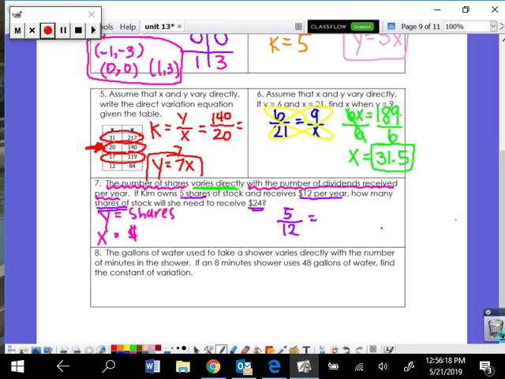And that's going to equal, we don't know how many shares, divided by $24. You can cross multiply. And that would be 120 equals 12y. Divide by 12. y equals 10. So she would need 10 shares to get $24 back in dividends.